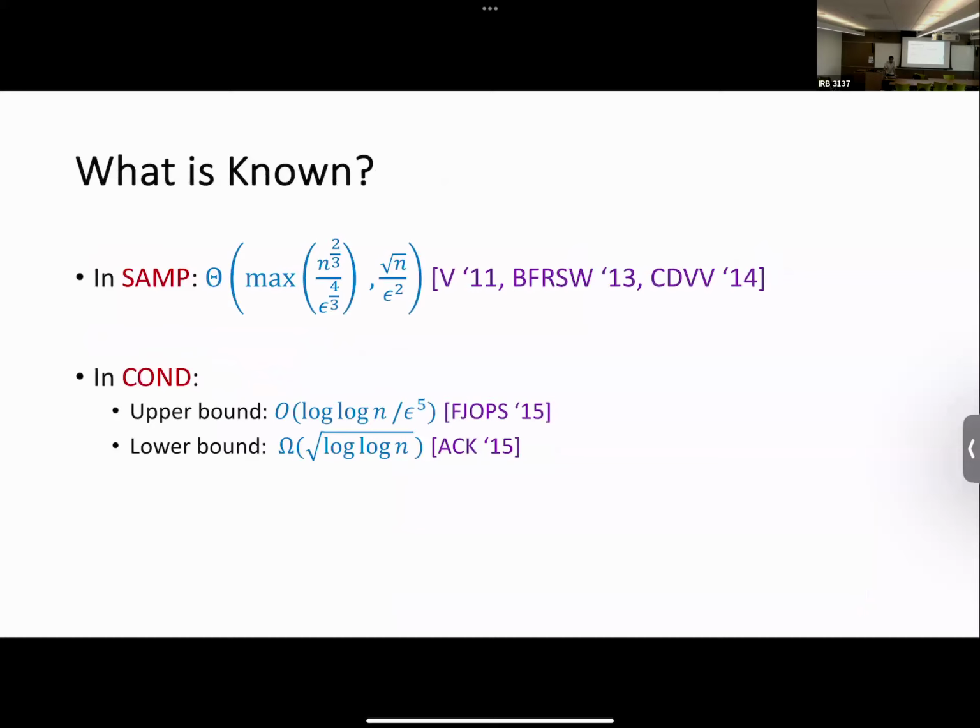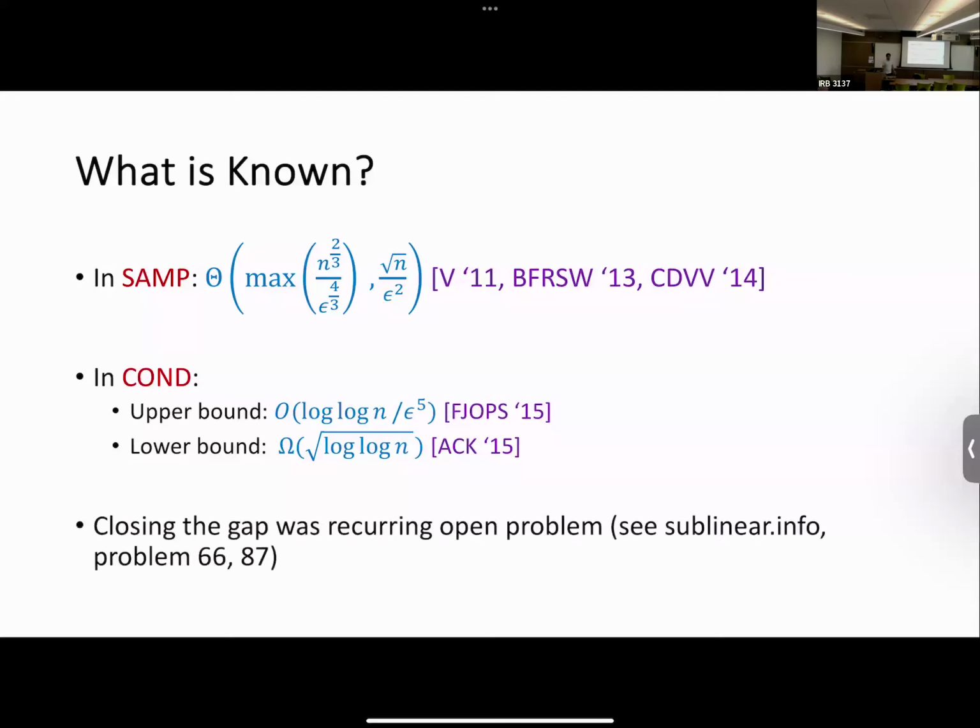But for the conditioning model, for the upper bound, the dependency on the domain size is log log n over epsilon to the 5. On the lower bound side, we only know that it is square root of log log n. So there is this quadratic gap between the upper and lower bound, and that has been a recurring open problem. It was also listed as one of the open problems on sublinear.info.